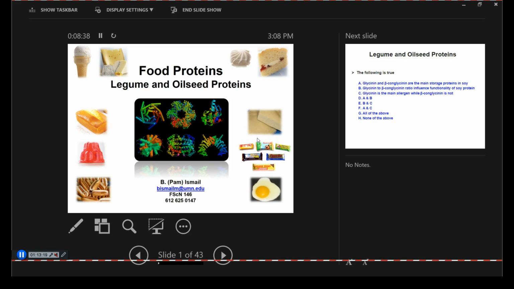We have 10 questions. Divide into half. The first half do the first 5, and the other half do the second 5 questions. Talk about them, and we'll reconvene as a group.